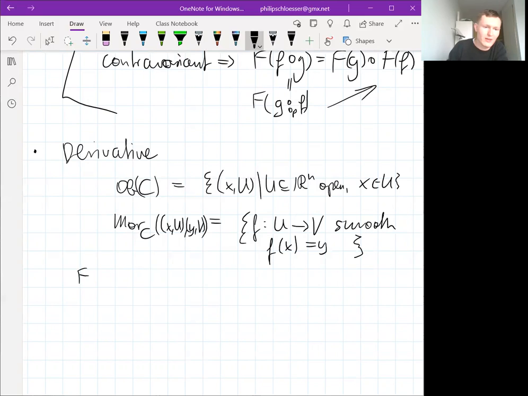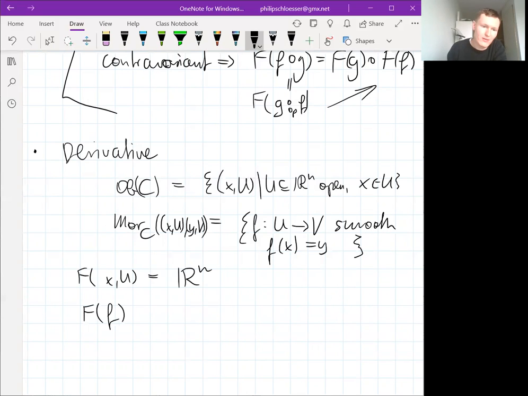And yeah, we can define a functor on this category by saying that with a pair (x, U), we associate just the R^n where U lives.